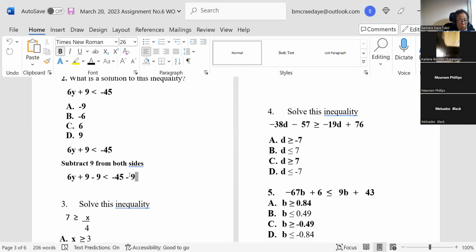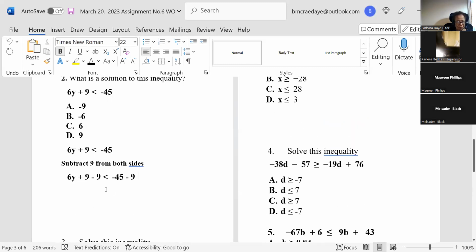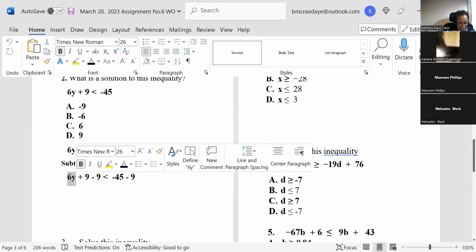Now, what do I get on the left side, Maureen? 6y plus 9 minus 9. What does that give you? That gives me 6y plus 0. Okay, so 6y.